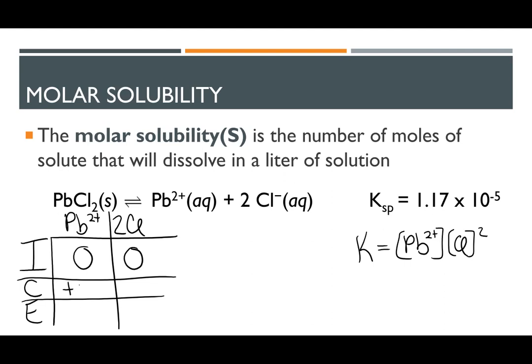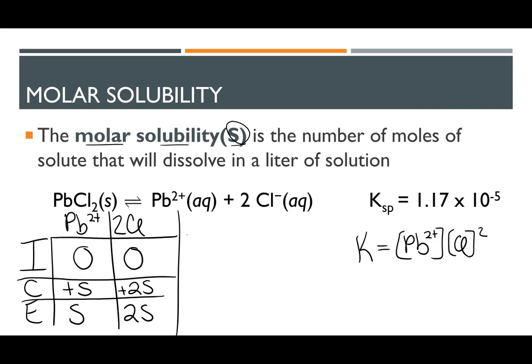Yeah, the only direction is up. So you can use X because that's what we've been using. Your textbook uses S because we're doing the molar solubility. Okay. And then chlorine's going to go up by a factor of 2S. So at equilibrium, we're going to have S and 2S.